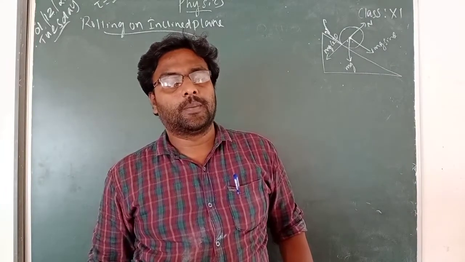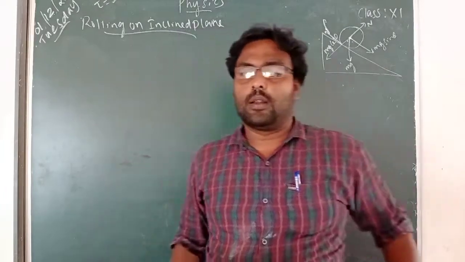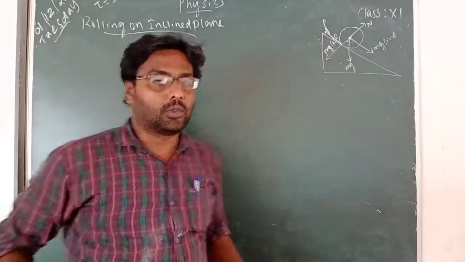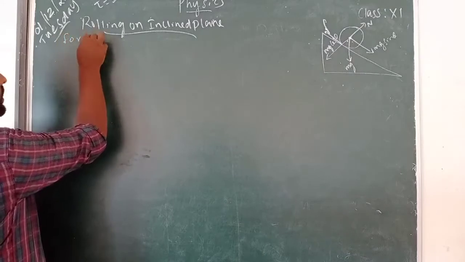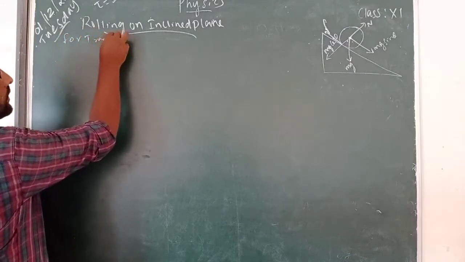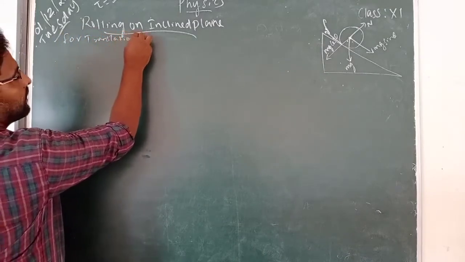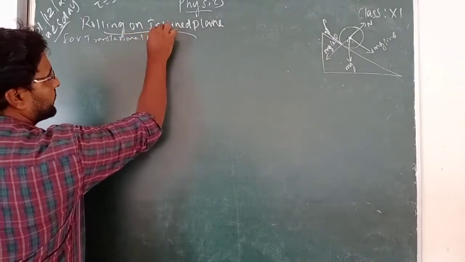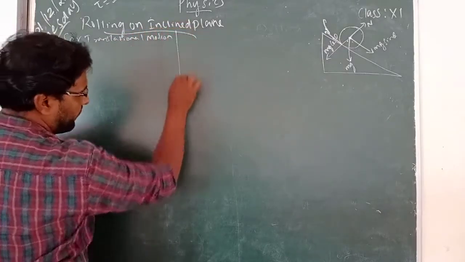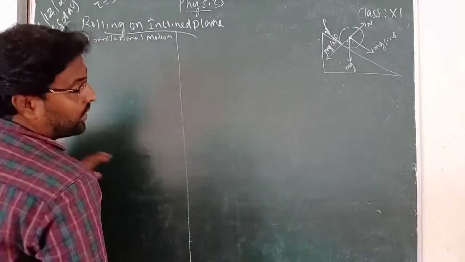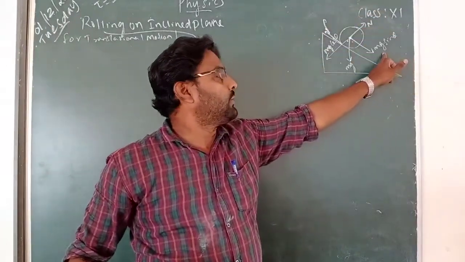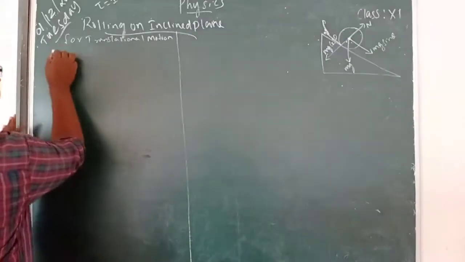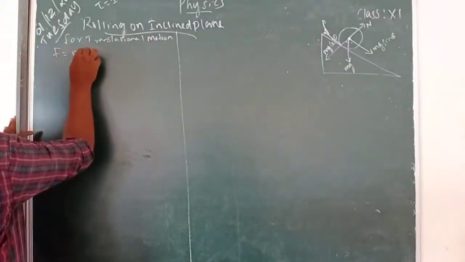Now you can write the translational motion first. This is the translational motion direction, with Mg sin theta. You know the basic formula F is equal to Ma.